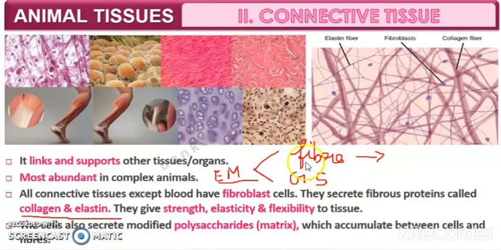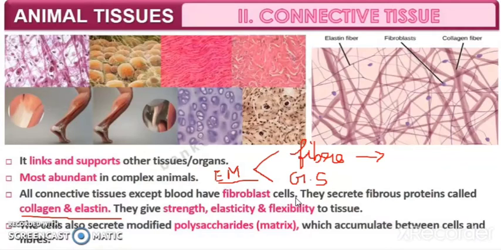Which cells will secrete? The fibroblast cells in the connective tissues will secrete the structural protein called collagen or elastin. Right? Clear? Okay. And what is the function of these fibers?